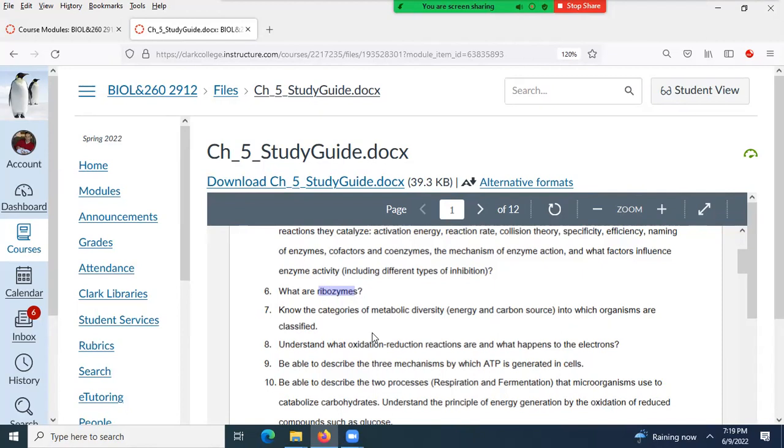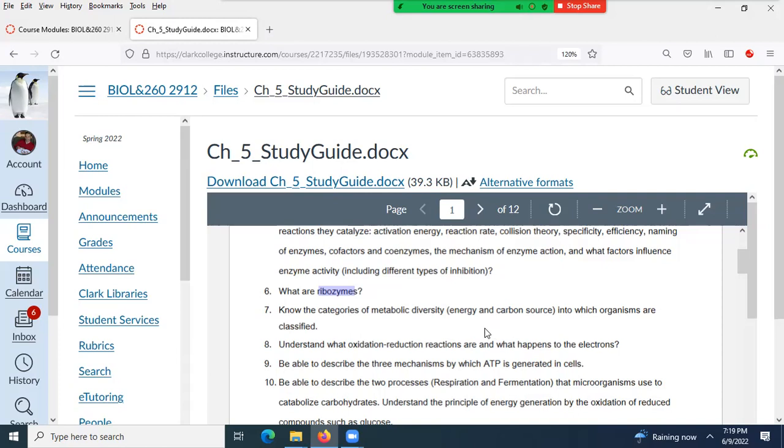All right, you should know the categories of metabolic diversity. Cells must get their energy and their carbon source from a specific source, and all cells need an energy source and a carbon source, and how the organisms are classified.